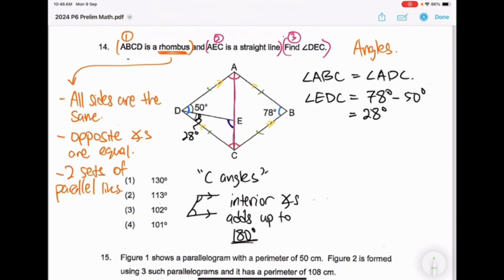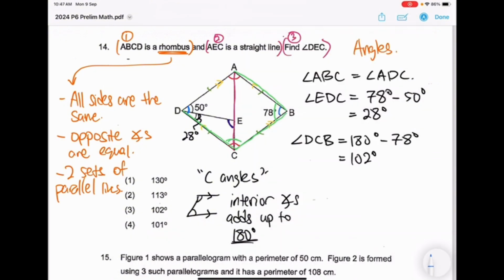Now on the figure, where is the C that I am going to use? I'm going to highlight in green right here, from here all the way to here, all the way to here. And I want to know that this angle, which is my 78 degrees, plus this angle here, DCB, would add up to 180 degrees. So from here, I can say that angle DCB equals 180 degrees minus 78 degrees, and that would give me 102 degrees.